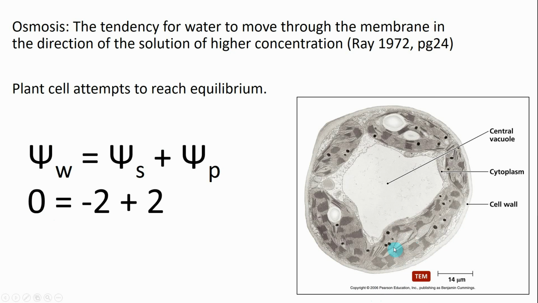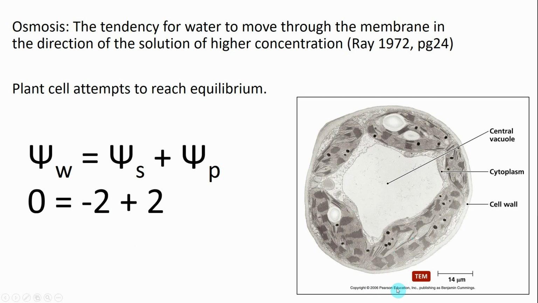This process, yes, you can call it diffusion, but because there's a selectively permeable membrane, the correct answer is osmosis. It moves via osmosis into this plant cell, making this plant cell gain a pressure to where it's going to equal this negative solute potential until it reaches 0.